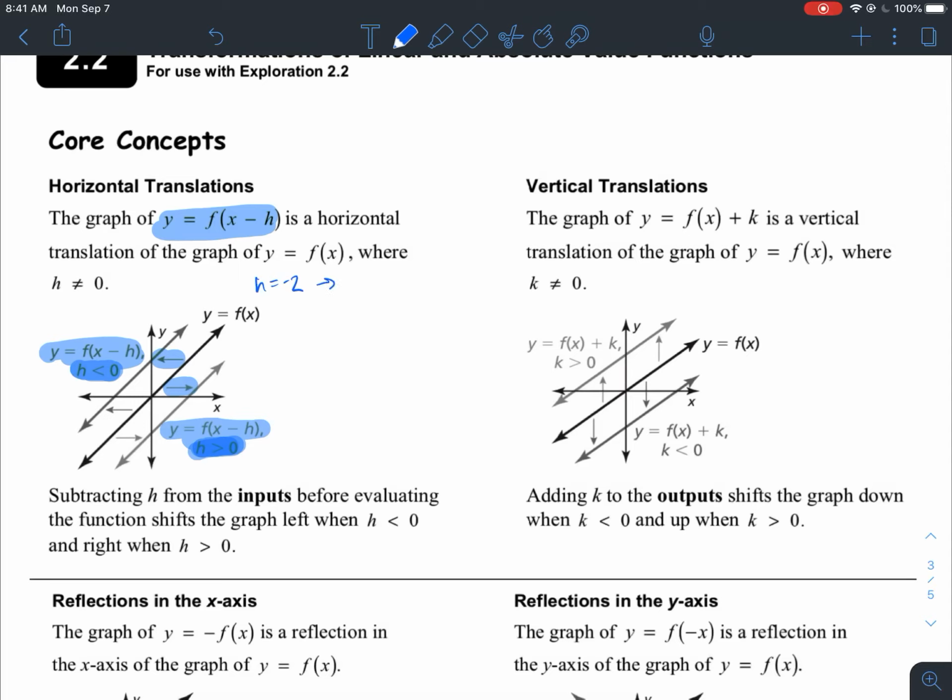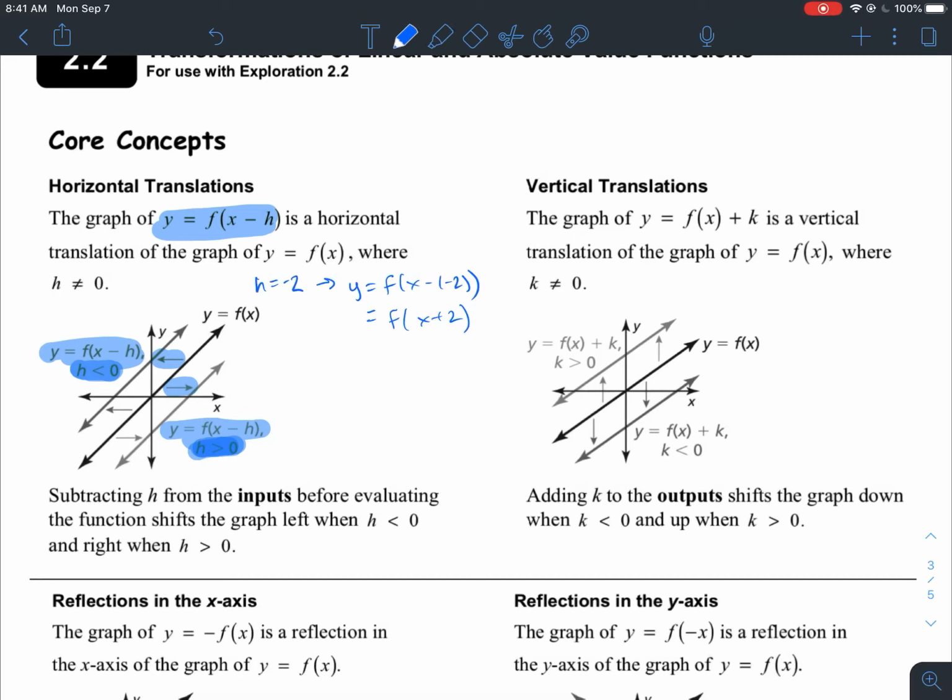Let's plug it into our function that they give us. So we say y equals f of x minus, and h is -2, so we write it like that. Well, if we simplify that, then we get f of x plus 2. So you can see that this being positive means we're going in the negative direction.